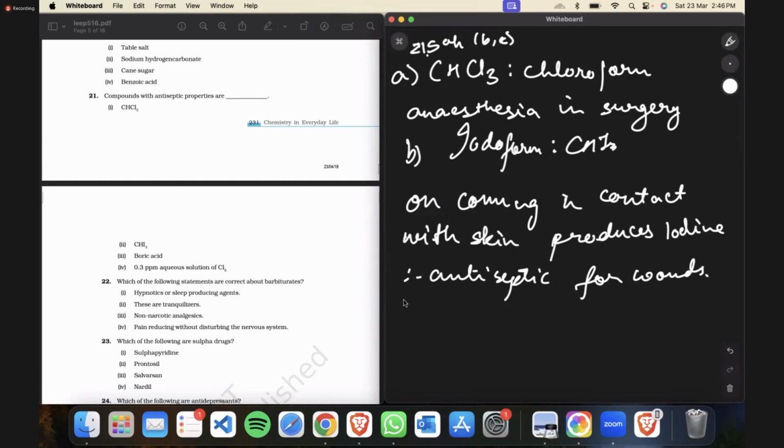Now, boric acid. The boric acid in dilute aqueous solution is a weak antiseptic for eyes.